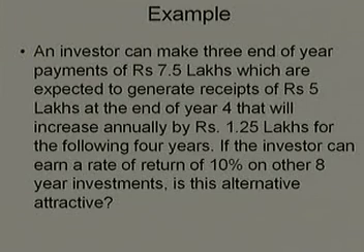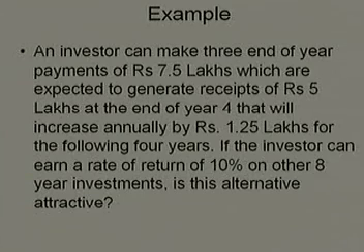Here, if you notice carefully, there are 2 options given to an investor. Both these options have got 8 years life. In the second case, the investor is making a return of 10% straight away. So, for the second alternative, you are just given the information that the rate of return is 10%.